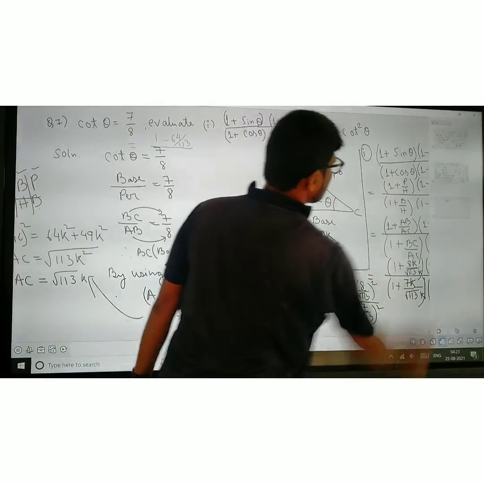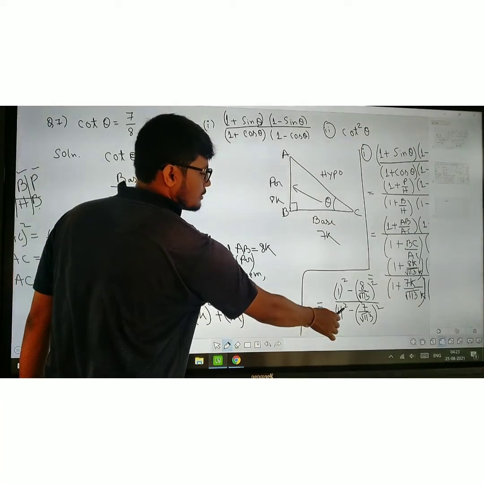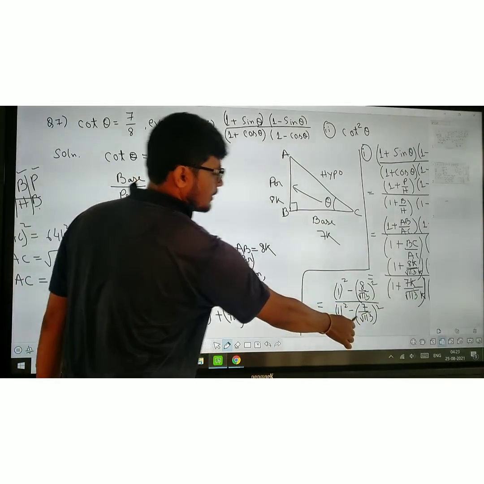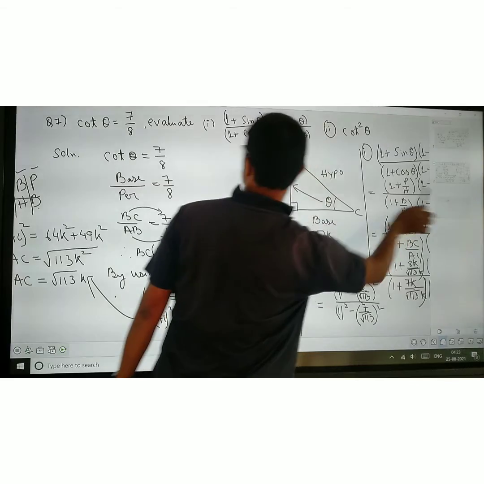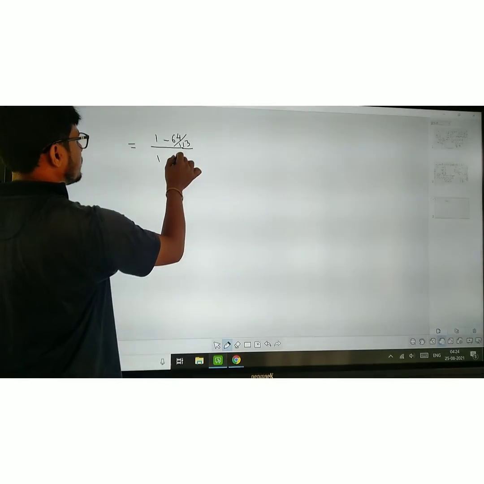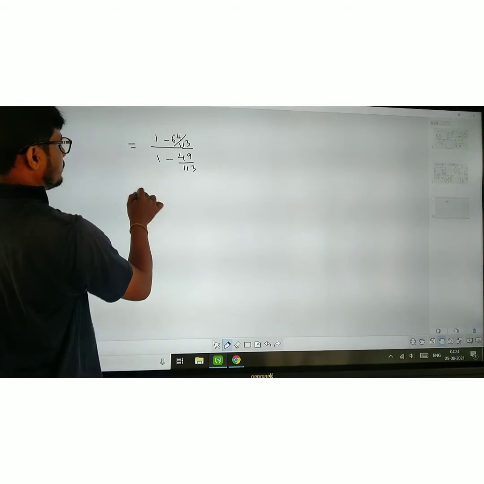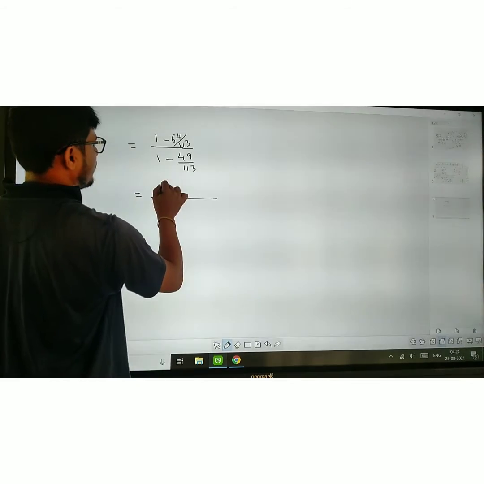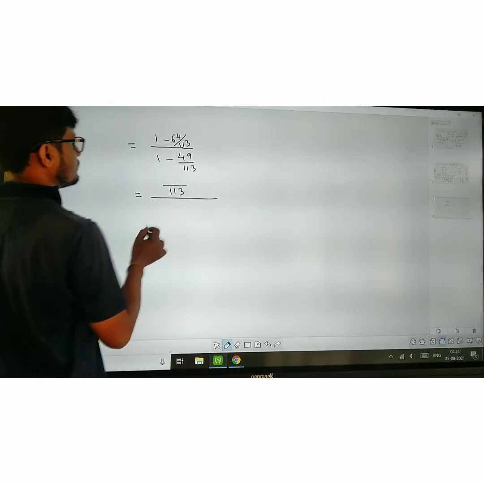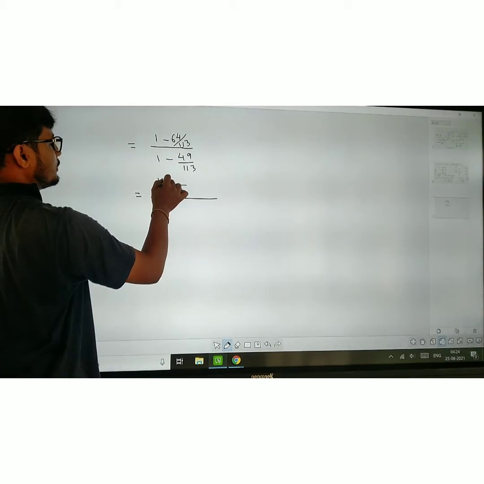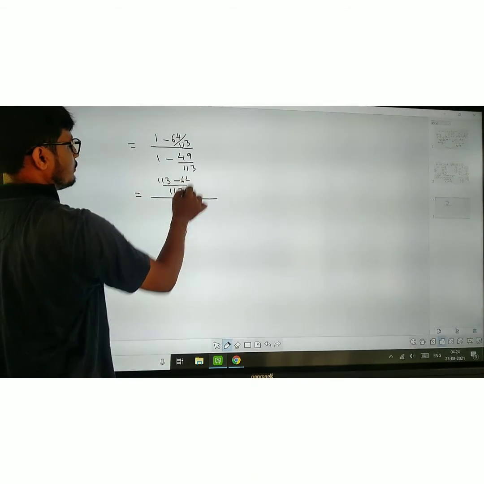Next, here also same: 1 square minus 7 square is 49 by 113. 1 minus 49 divided by 113. Now take the LCM. 113 is the LCM. 1 into how much? 113 minus 64.